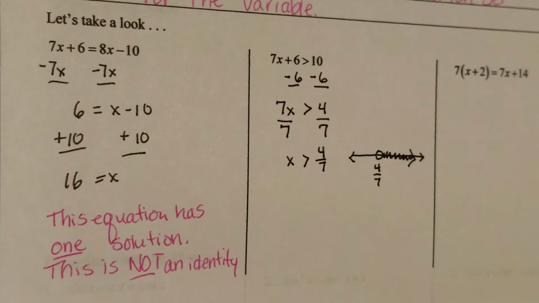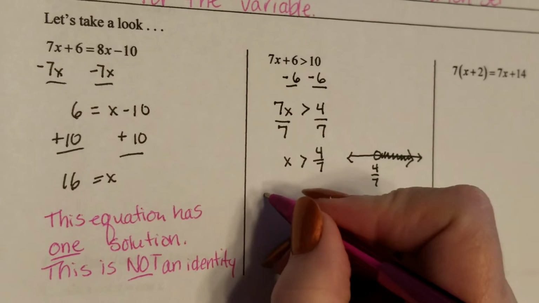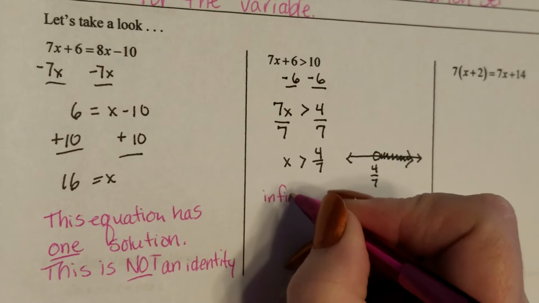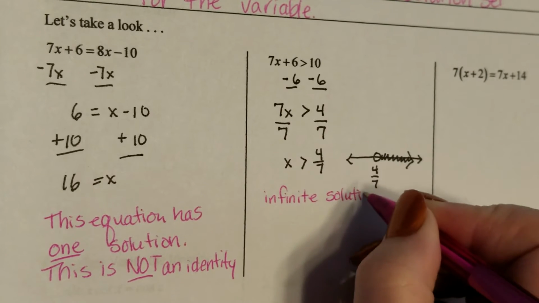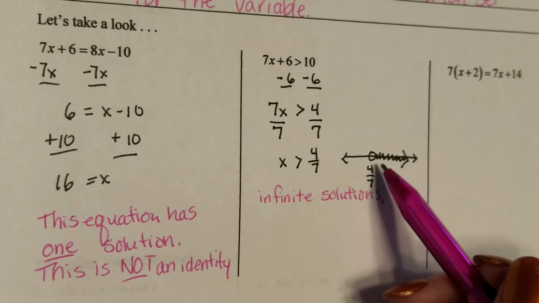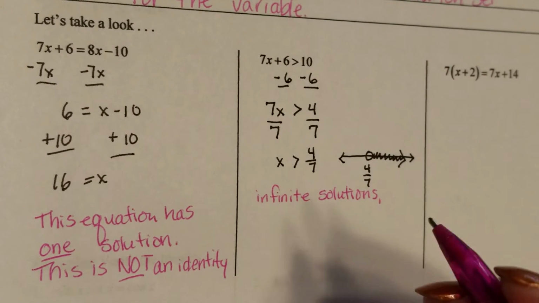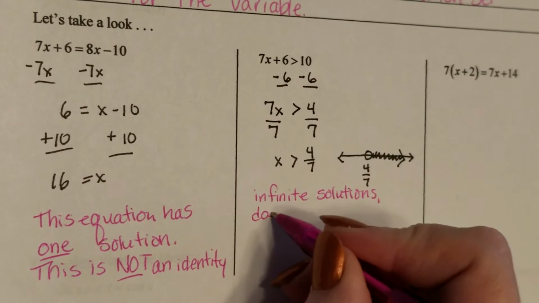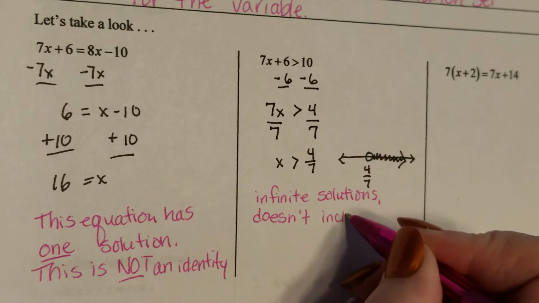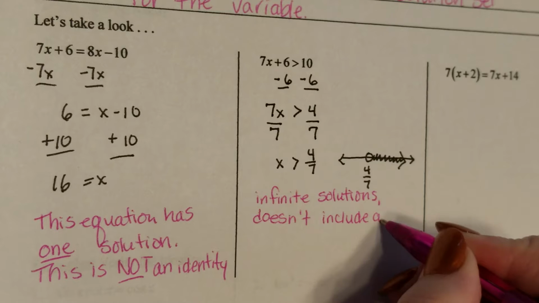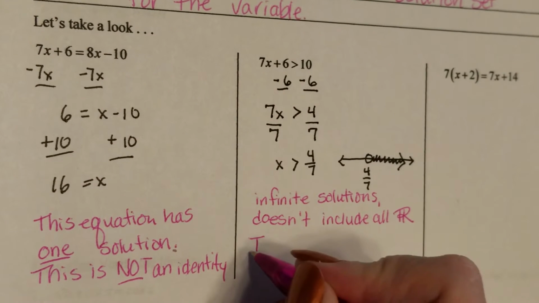Now, this has infinite solutions because it's infinitely going on and on towards the right, but it doesn't include all solutions, or all real numbers even. So it is not an identity.